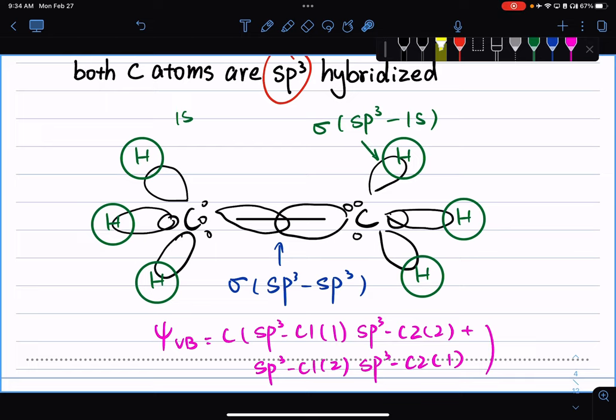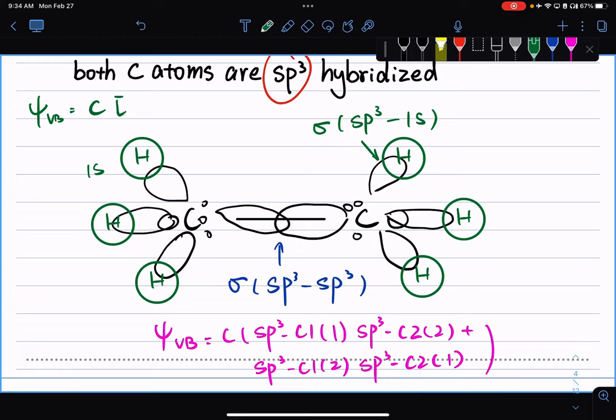Okay, yes. Is this the equation for specifically between the two C's? Right, so this equation is for the interaction between the two sp3 hybridized atomic orbitals. You can likely write that for the interaction between the 1s of hydrogen and the sp3 of carbon. We can write that together. The ψVB will equal some constant.